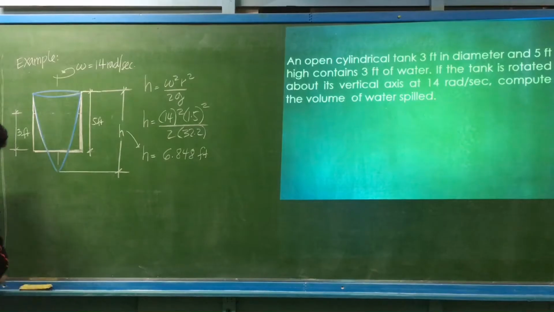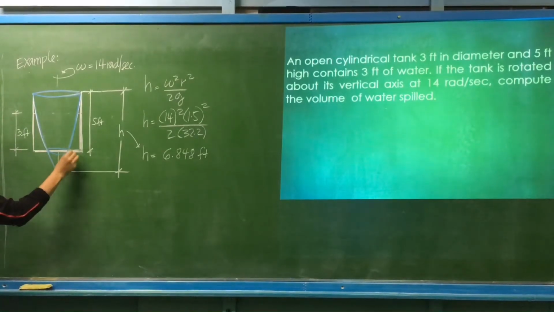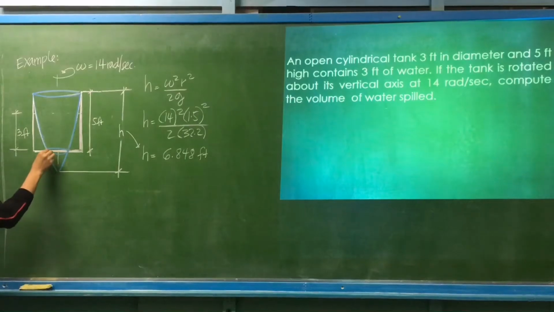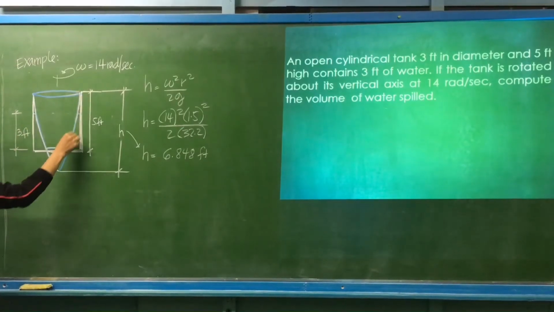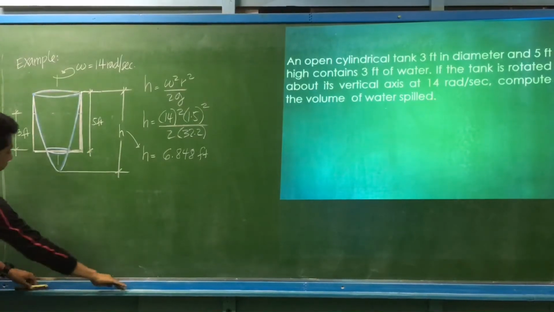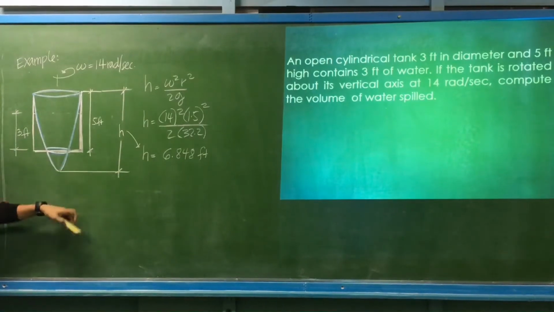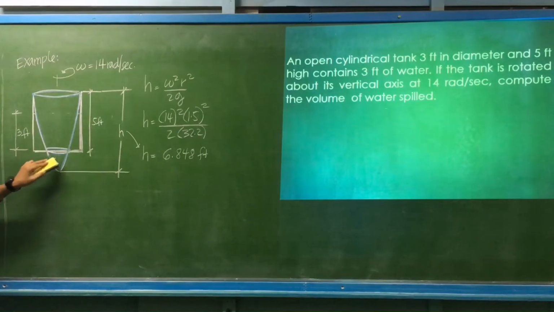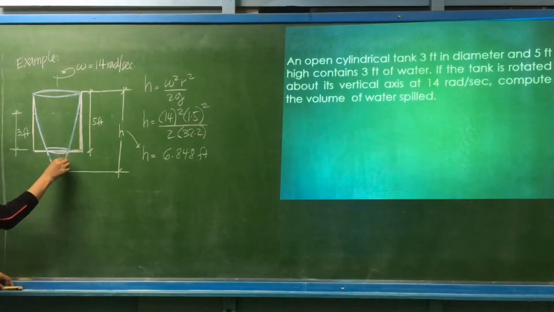So again, from our previous example, we'll be having two paraboloids, one big paraboloid and the other a small paraboloid. Last time, if we are to place the extension of the paraboloid under the tank, that will be an imaginary portion. So just an imaginary paraboloid.